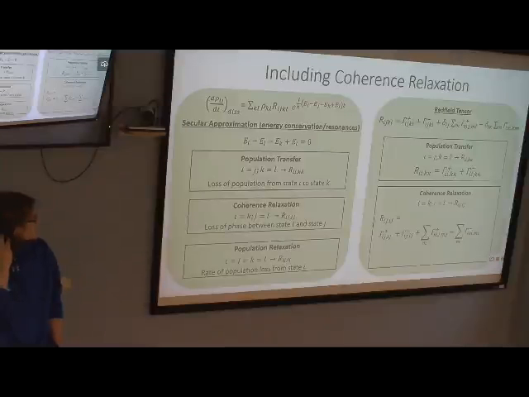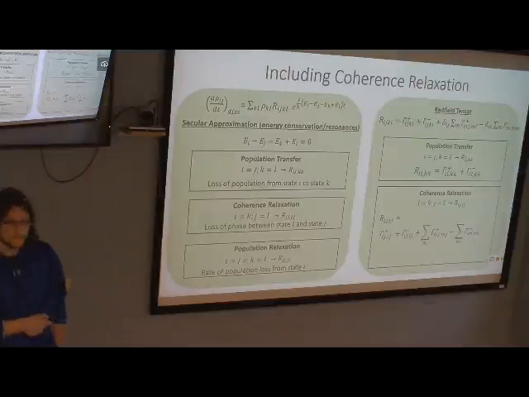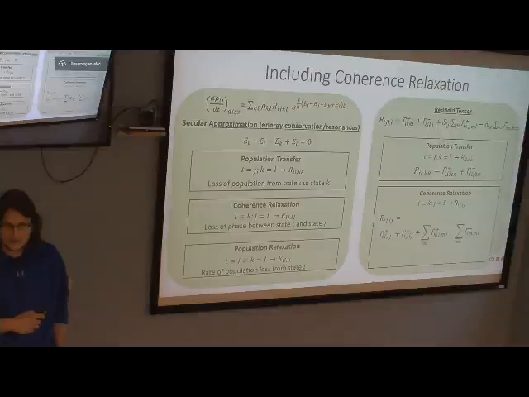And so, knowing that we have these three scenarios, we can start from our Redfield tensor and just play some games with the indices. I'm sorry, this already came up before, but you and somebody else in the audience, qualitatively, how do I think about this coherence relaxation, loss of phase between state I and state J?